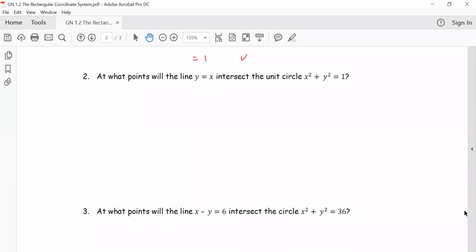Problem 2. At what points will the line y equals x intersect the unit circle x squared plus y squared equals 1? Intersect means two graphs meet each other. If you look at the graph, the line y equals x is the line with the intercept 0 and the slope 1.